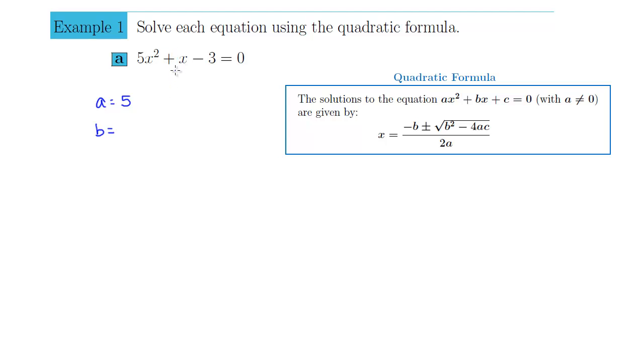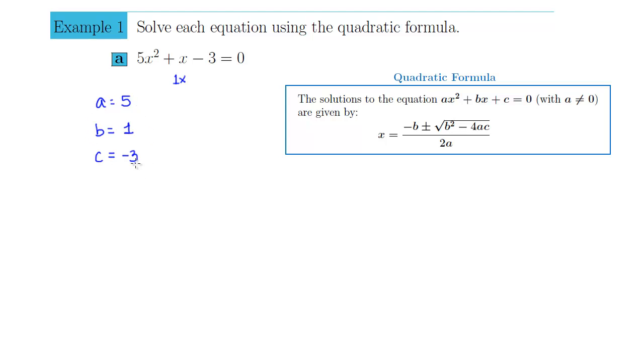Now this one's a little trickier because there is no number in front of x, but we recognize this as being simply 1x. So the coefficient there is positive 1, or just 1. And c is our constant term. In this case, our constant term is negative 3. So our values for a, b, and c are 5, 1, and negative 3.